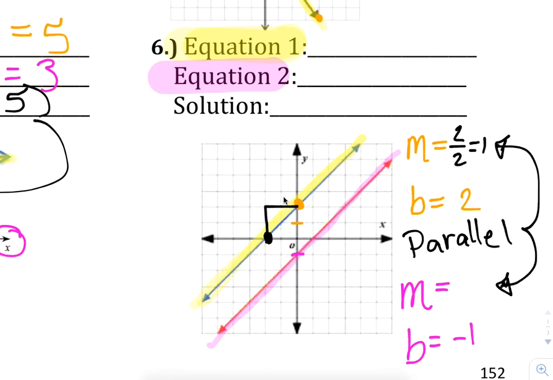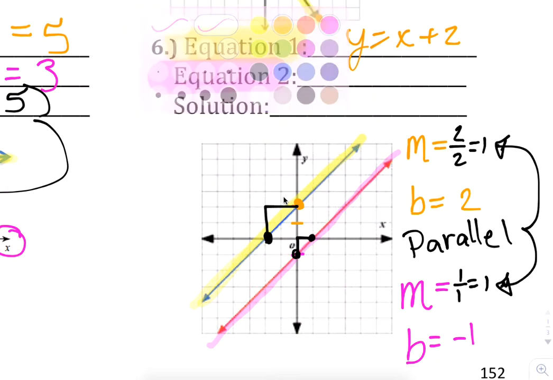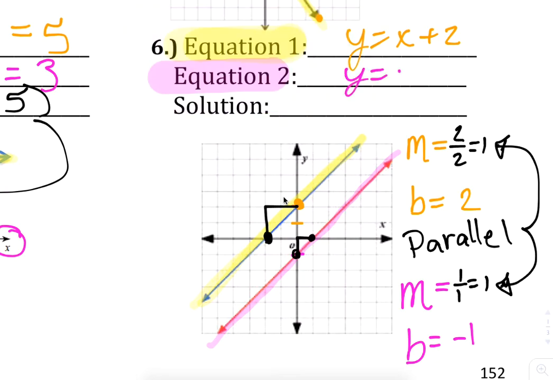Let's check on the pink. Pink, it looks like I could rise 1, run 1, which would still be a positive 1. All right, so both of those come out to be the same. Our yellow equation is going to be y equals 1x, or just x, plus 1. My pink equation is going to be y equals 1x, which is just x, minus 1.